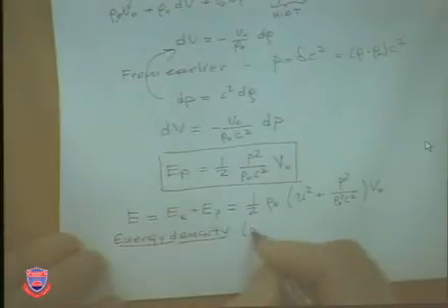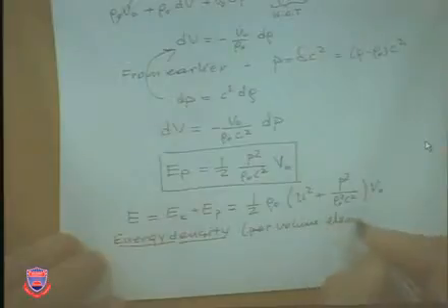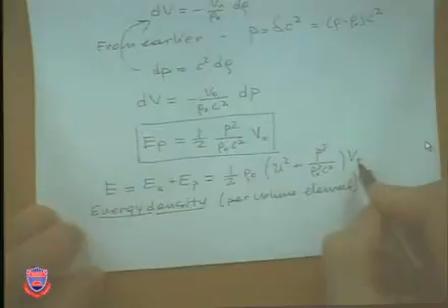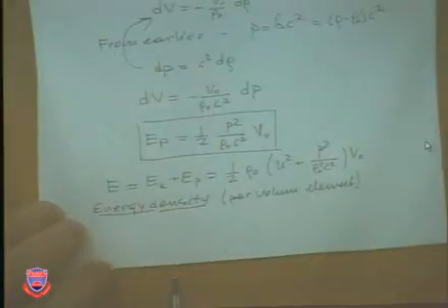That would be per volume element. Okay. That means dividing it by V0.